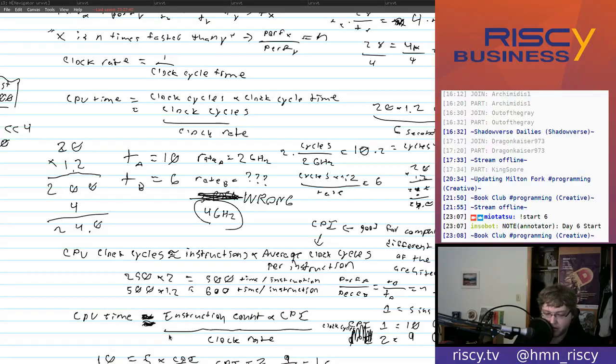Okay, just 3 more to go, guys. 367 times 2.1 divided by 2.66, 289.7. They had 290.